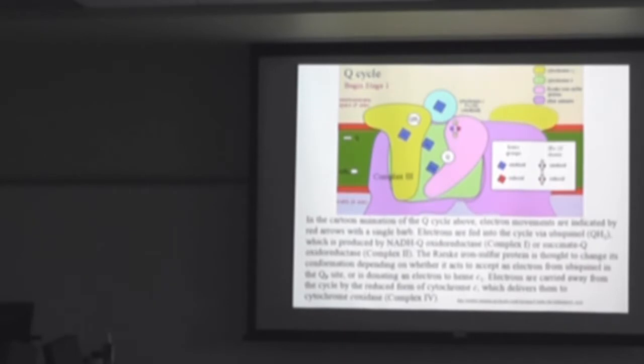And then there's a little animation that you have to watch really quickly to see what's going on, because it kind of moves fast. So Q cycle, is it moving stage 1? It's hard for me to... Do you see that?